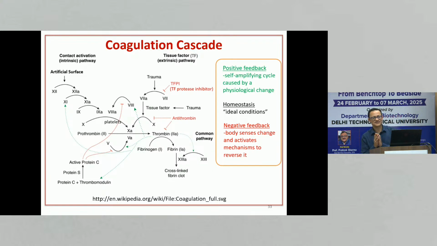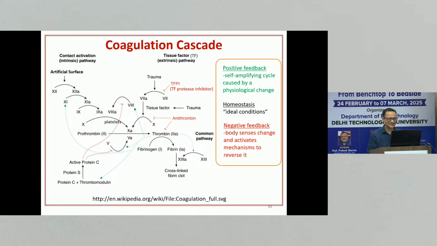Activated factor 10 converts prothrombin, which was factor 2, to thrombin. And the role of the thrombin is to convert fibrinogen to fibrin. And now once fibrin is formed, it gets converted to a cross-linked fibrin clot with the help of activated factor 13.